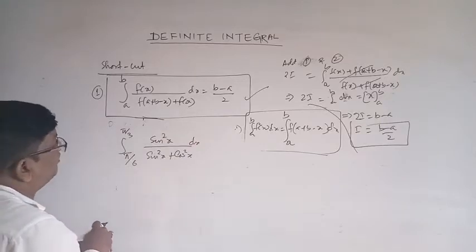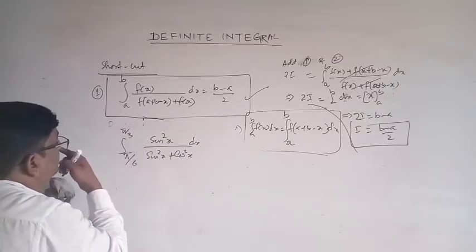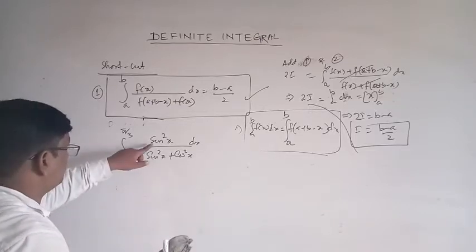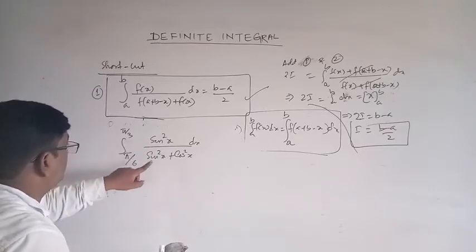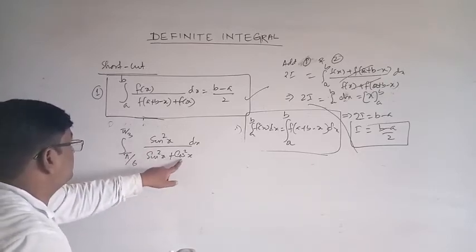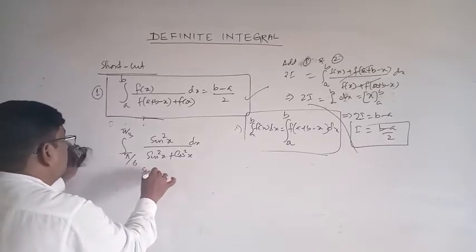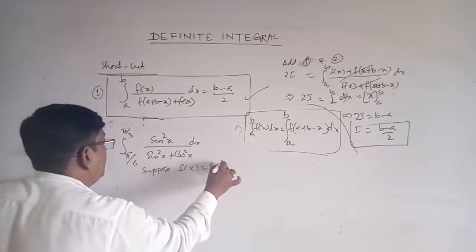What is the formula here? Suppose f(x) is equal to sin square x.